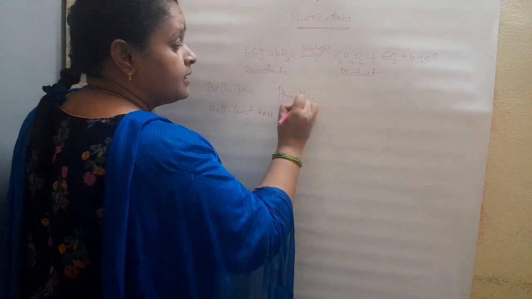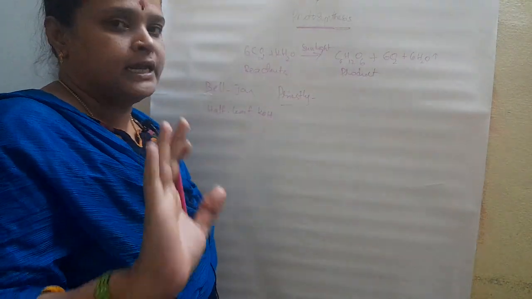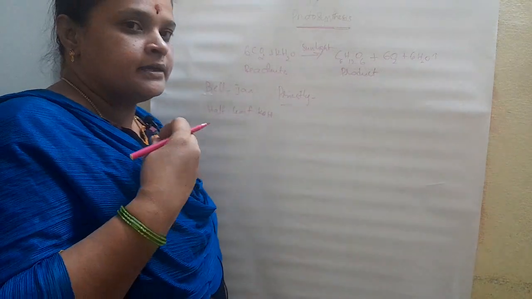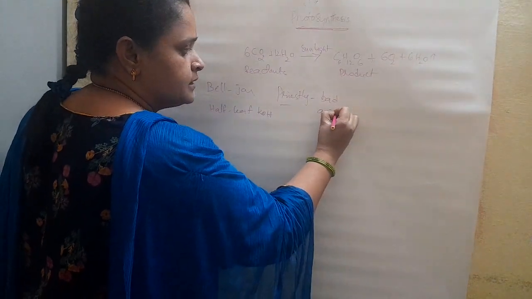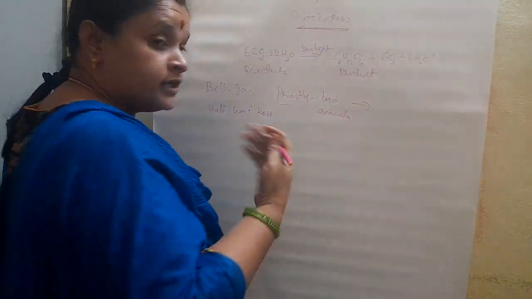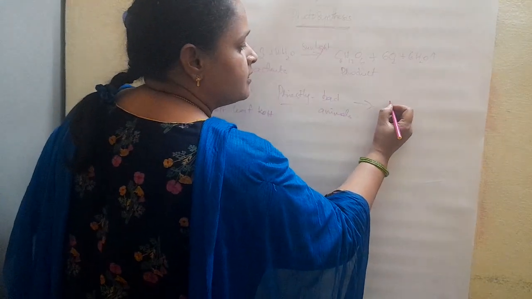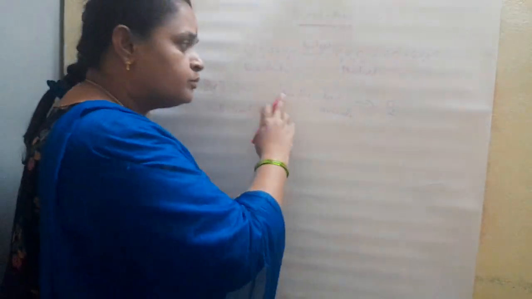Priestley said that plants can repair the bad gas released by animals. That means the bad gas released by animals is purified by plants by releasing oxygen. By releasing oxygen.